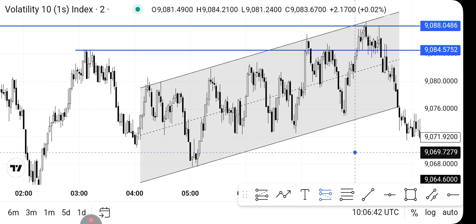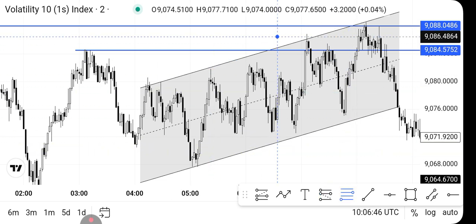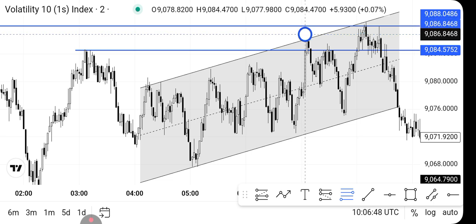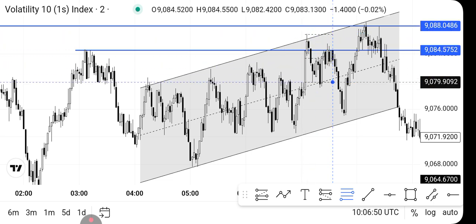This one did not really give us an entry, but if I were here, I would have used my Fibonacci to do this and enter at 50% from here.